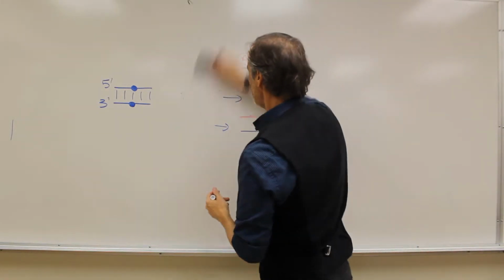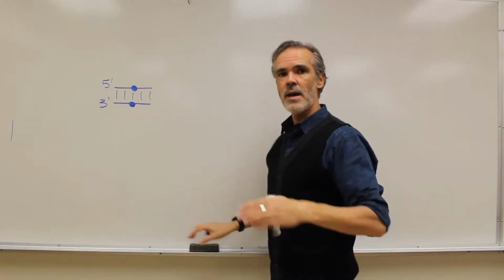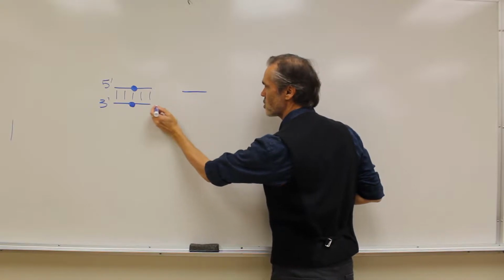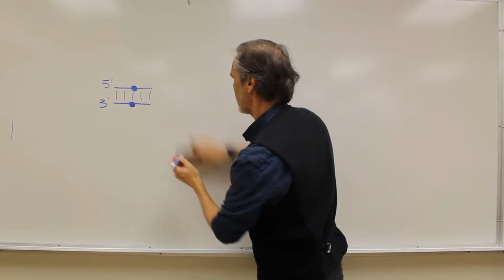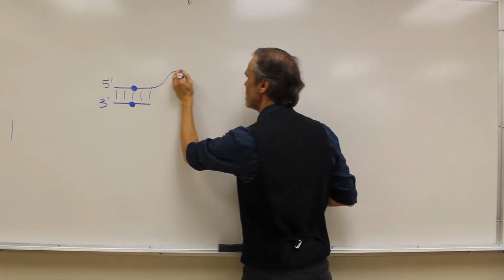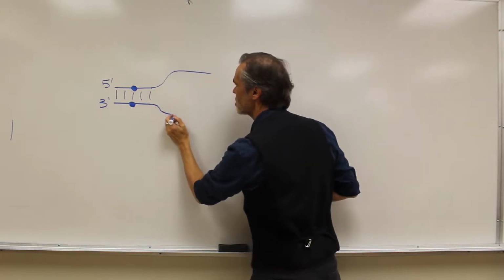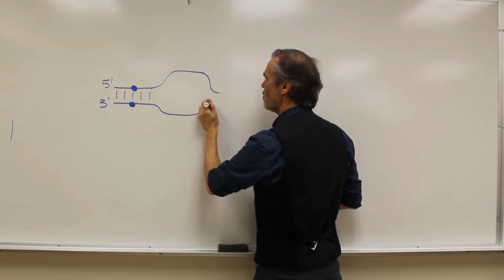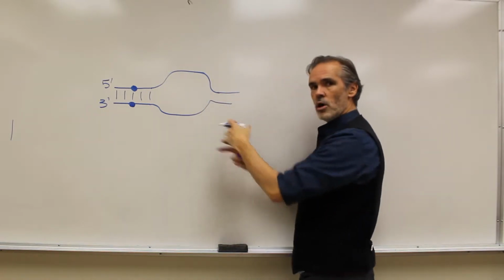When we look at that DNA now being separated into two strands, it's going to create this structure that looks like this. And then we're going to have many of those structures along the chromosome.